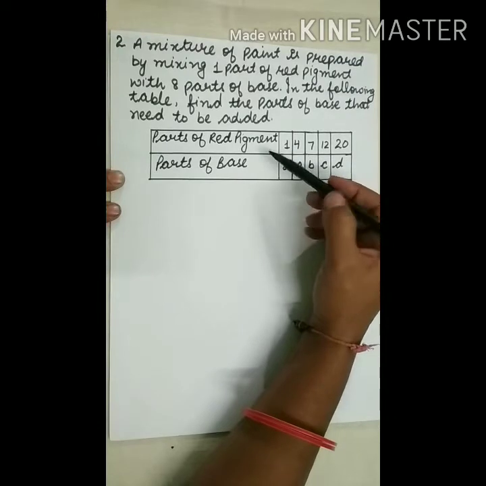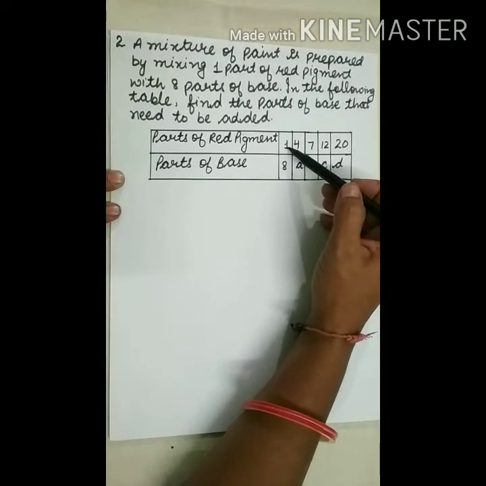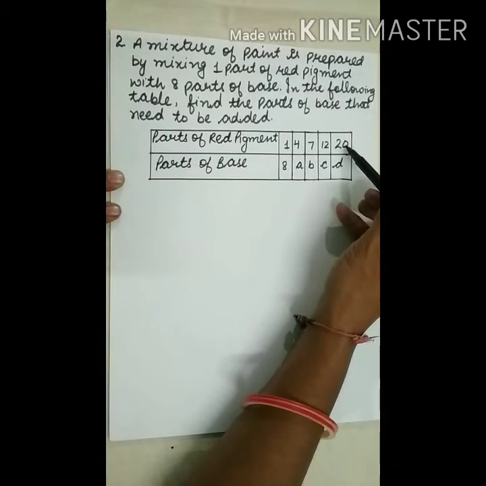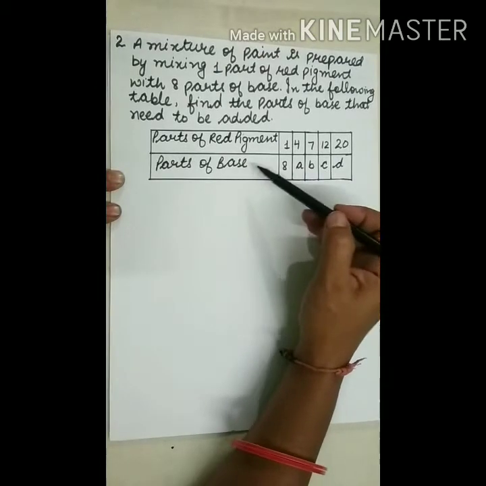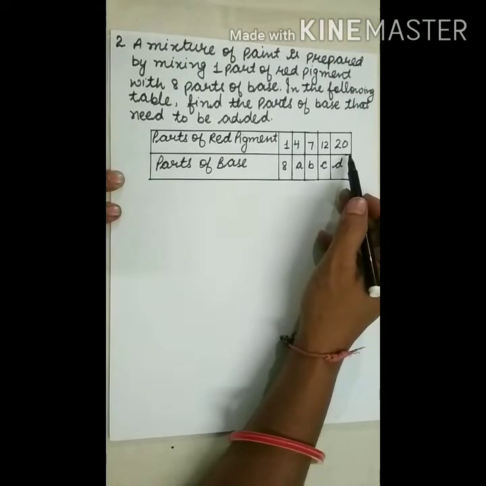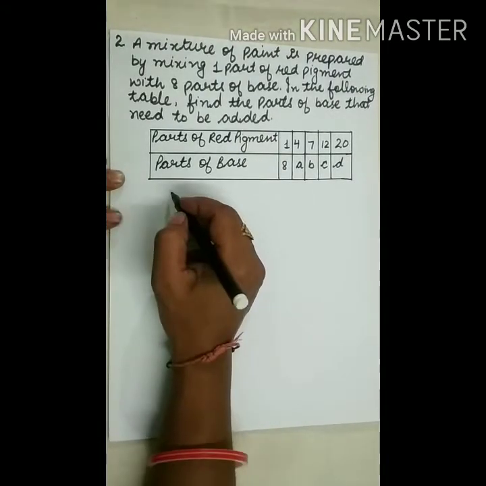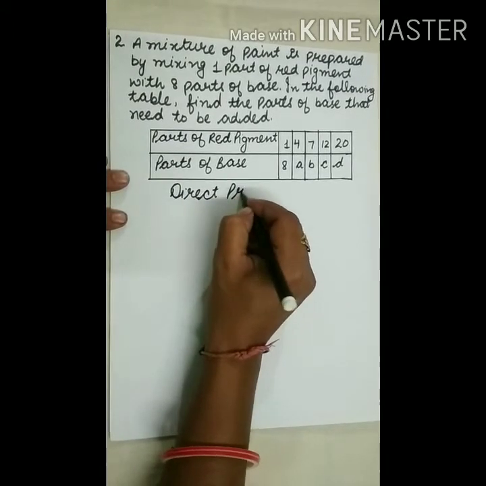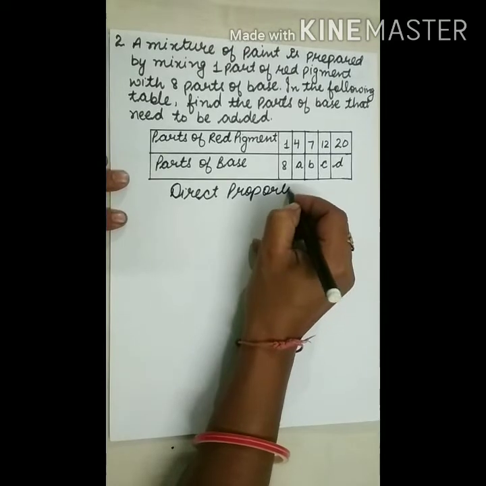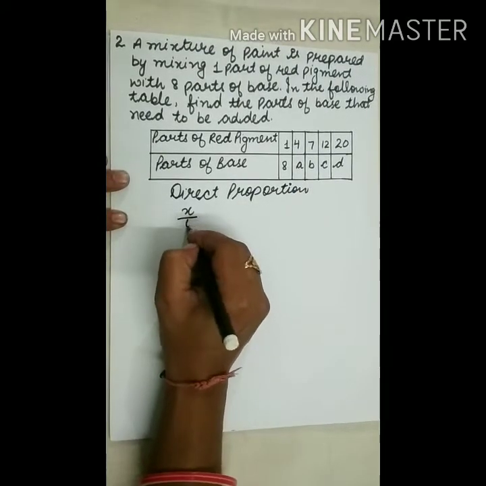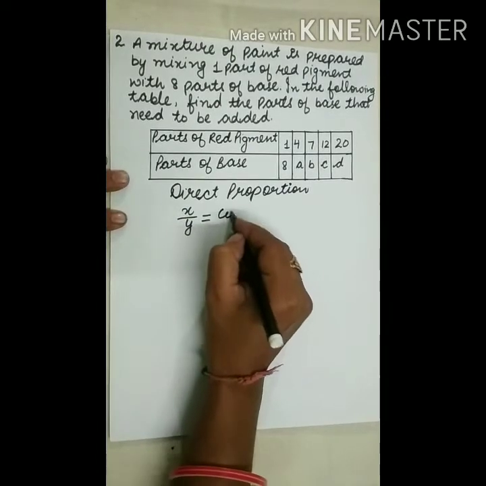Now as we know that for 1 part of red pigment 8 parts of base are required, then as the number of parts of red pigment increases, the parts of base will also increase. So as the two values are increasing simultaneously, this is the kind of direct proportion. And for direct proportion we know that x upon y must be equal to a constant.